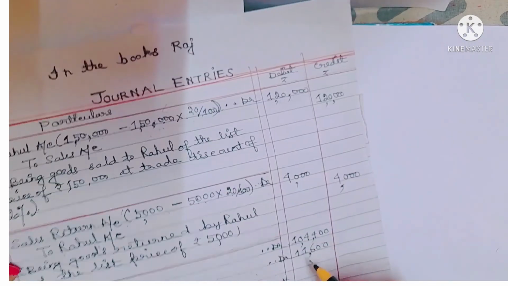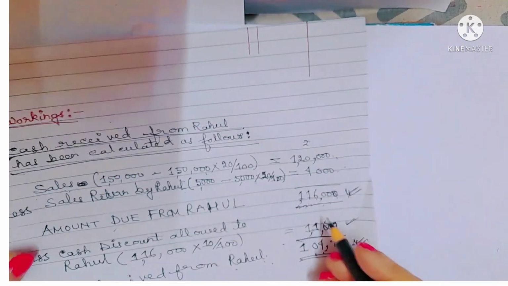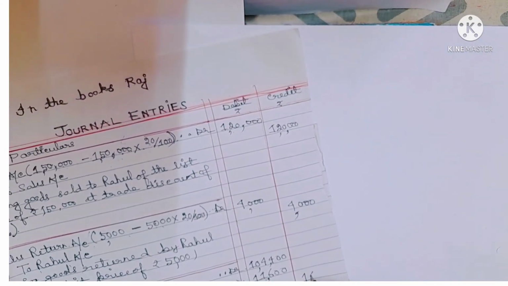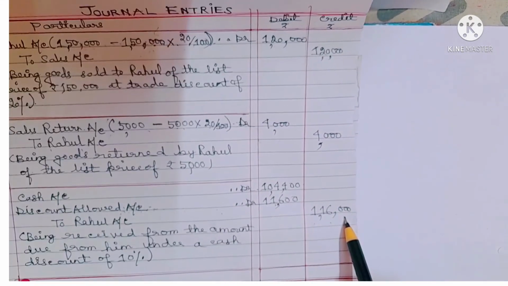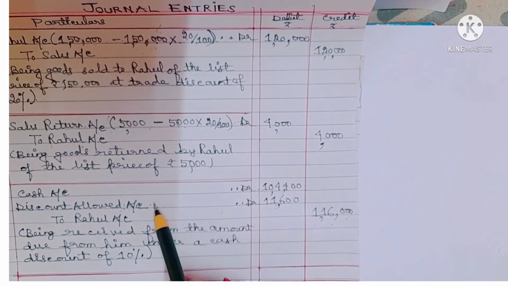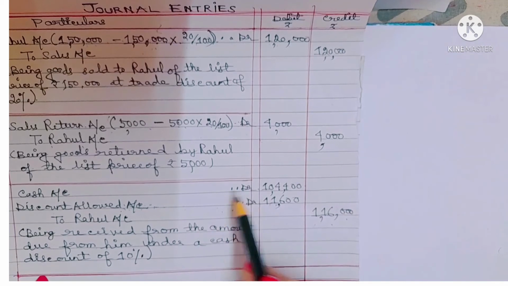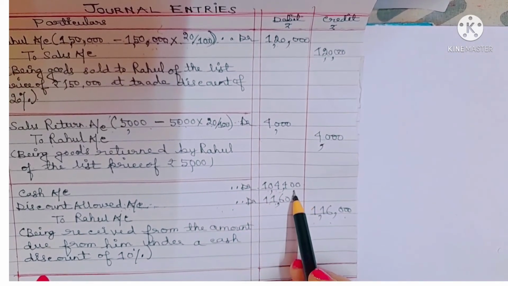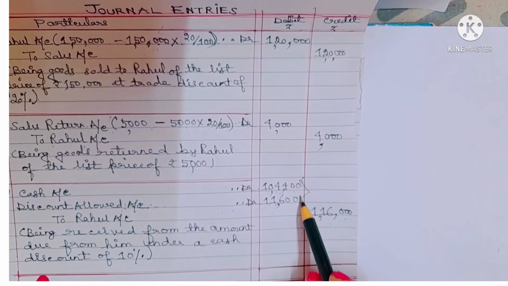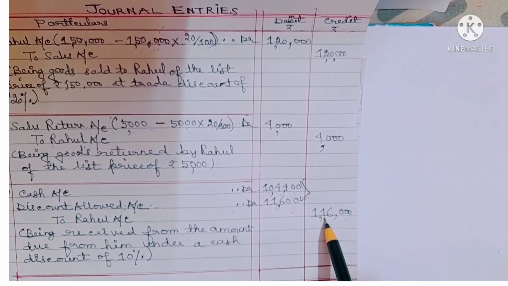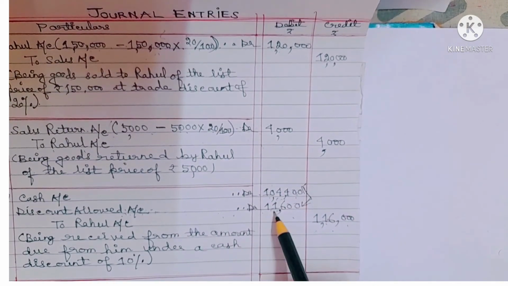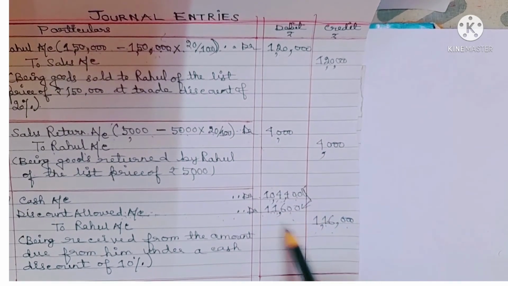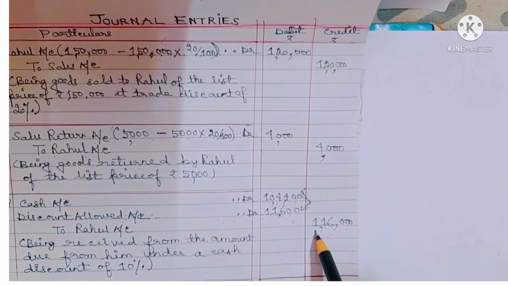Actually, the amount due from Rahul was 1,16,000. Since he's getting a cash discount, that is the reason he's paying less. If you add up 1,04,400 and 11,600, the total will be 1,16,000.